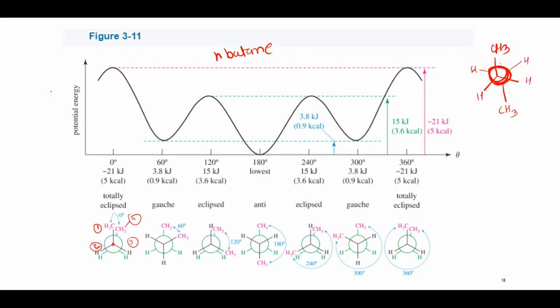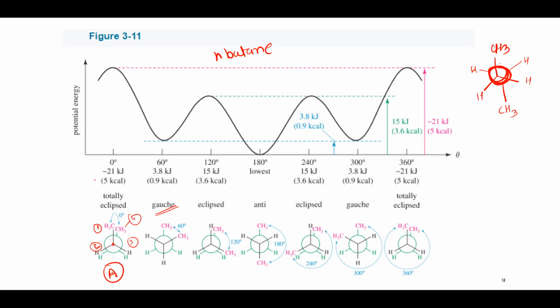Sometimes it's called the eclipse conformation. It's also fine. If you rotate the front carbon atom, we'll keep the backside carbon atom steady and move the front carbon atom, that C1. If you move this methyl by 60 degrees, we'll get a conformation called the gauche conformation. In the first structure, the methyl groups are eclipsed to each other.